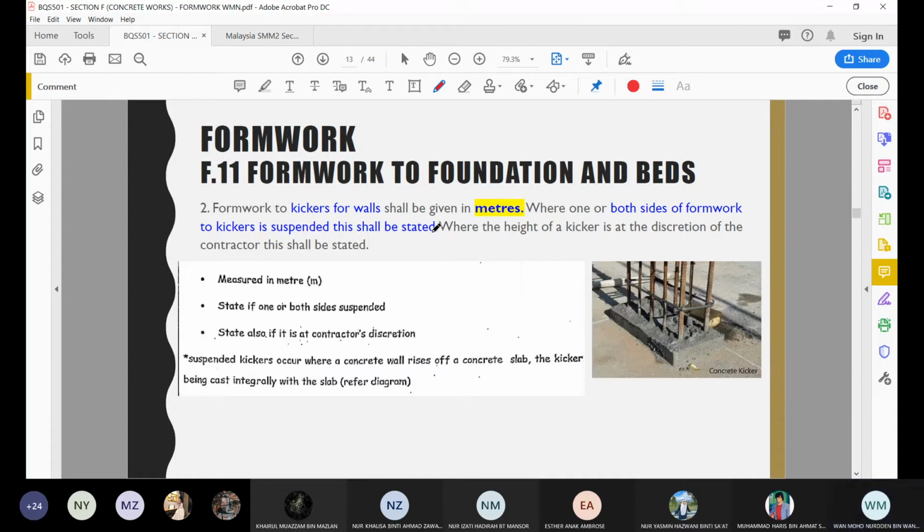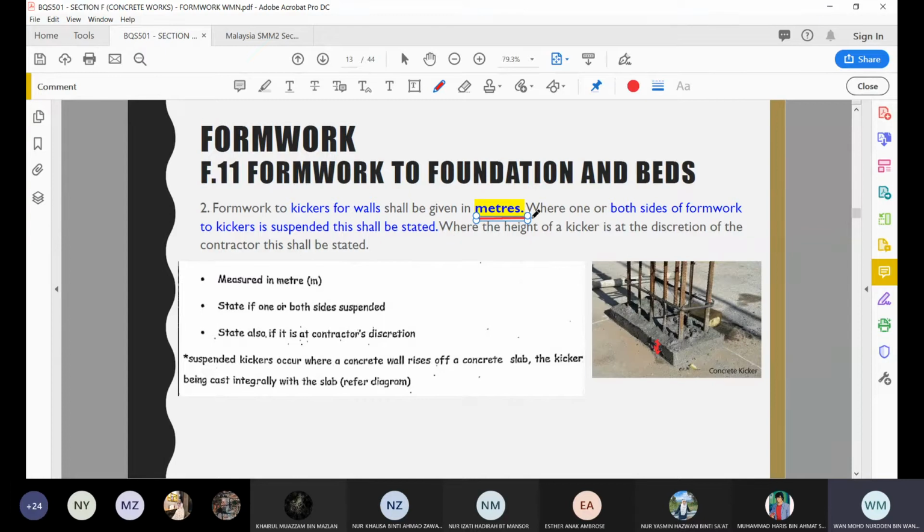Saya nak terus ke sini. F11-2. Okay, formwork to kickers for walls, shall be given in meters. Kickers, saya pernah tunjuk last class, what does it mean by kickers ni?